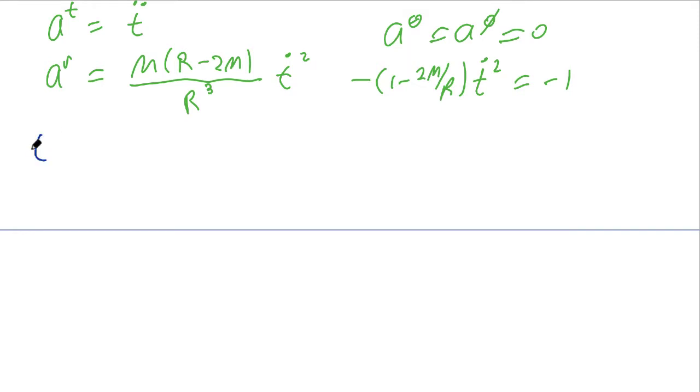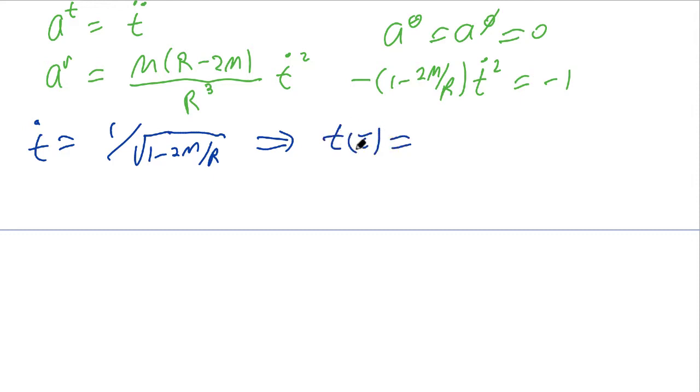This equation is easy to solve. It just tells us t dot is equal to 1 over the square root of 1 minus 2m over capital R. So the right-hand side is a constant. If we integrate this, t as a function of proper time tau is tau divided by the square root of 1 minus 2m over R. Now our world line is given by giving the coordinates as functions of proper time.